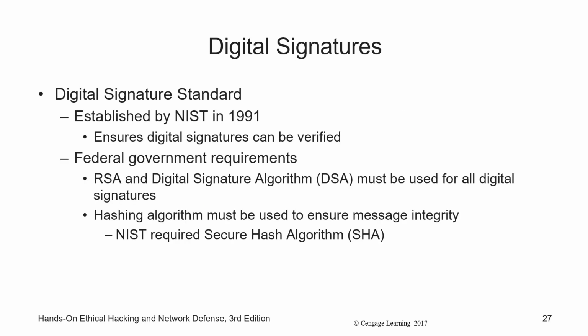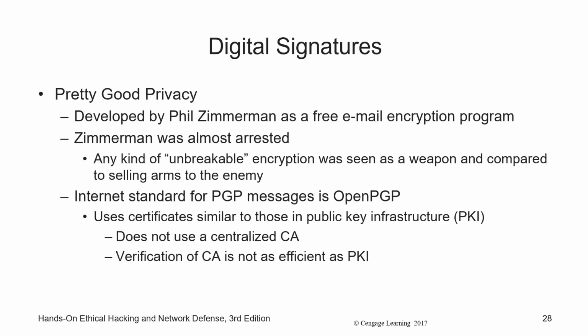So the digital signature standard was established by NIST in 1991, and it provided a mechanism for verification. RSA and DSA have to be used for all signatures, and the hashing algorithm was SHA, or the secure hash algorithm. PGP you've probably heard of. Oftentimes used for mail, developed by Phil Zimmermann.